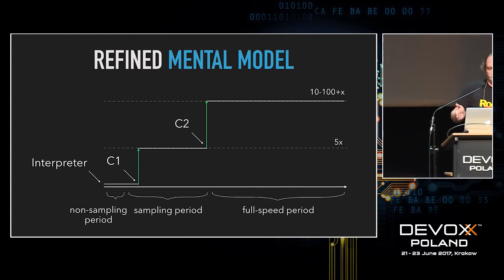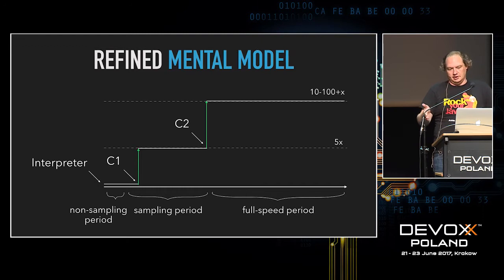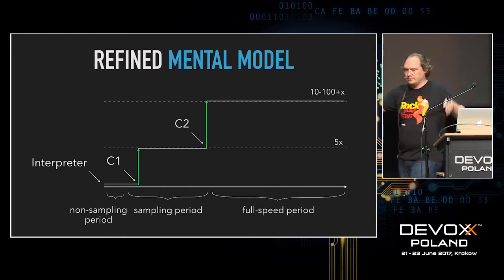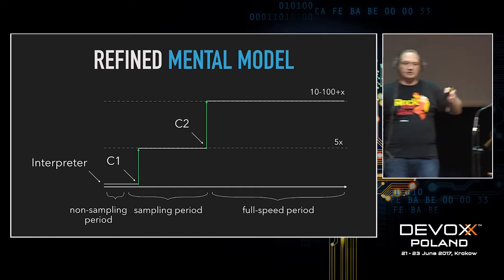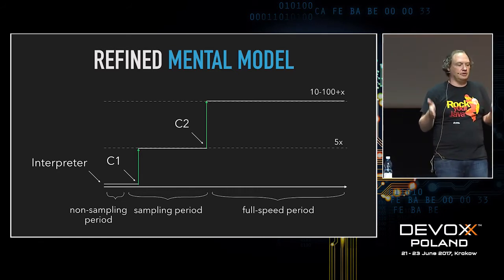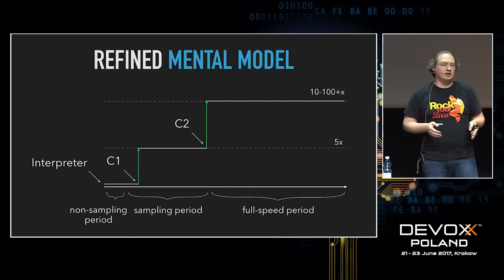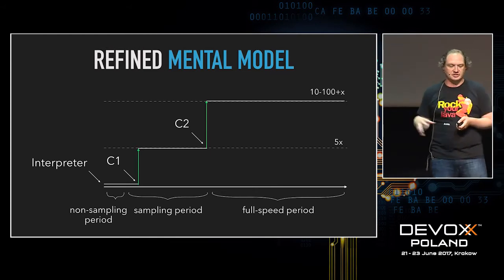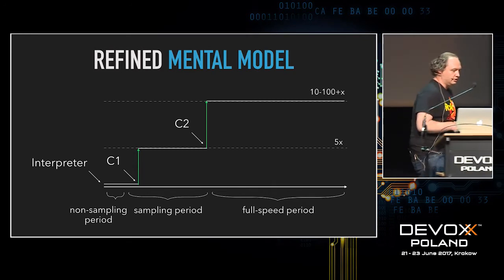But after that, we're going to take a sampling period, a little bit in the interpreter and a little more in C1, and we're going to say, we think that's what you're going to keep doing. What you did during that period of time, let's hope that's what you keep doing, and then we'll send that information over to C2, and we'll let it optimize for that. And that gives us some really cool optimizations that let us deal with some of this dynamicism and runtime checking.